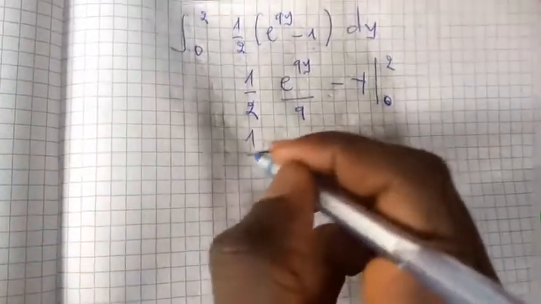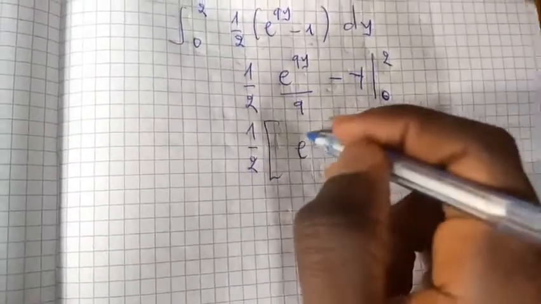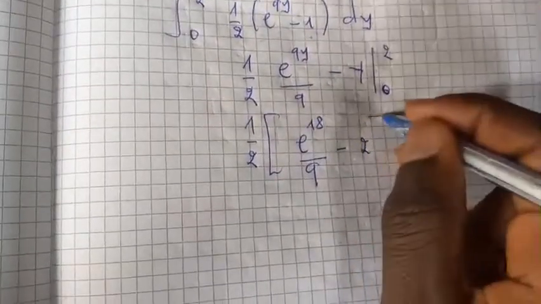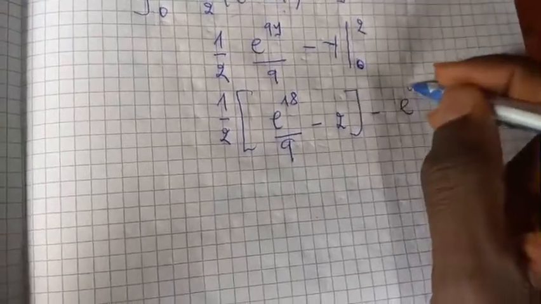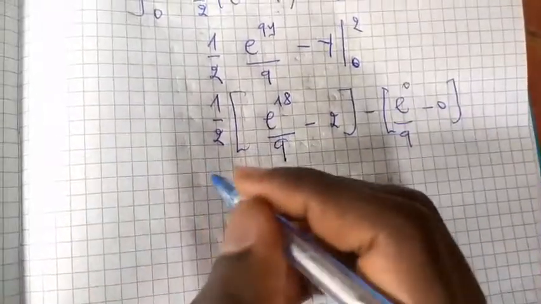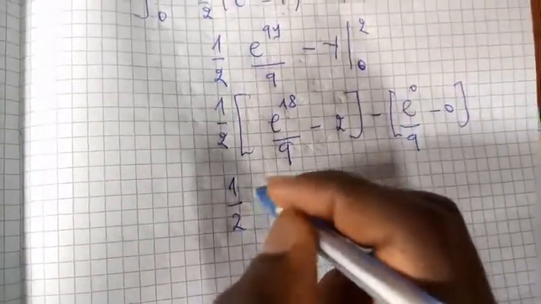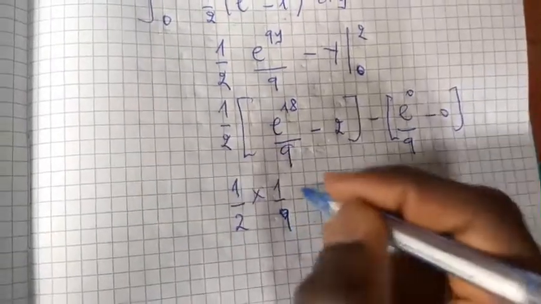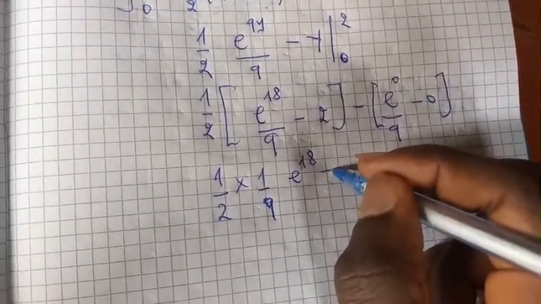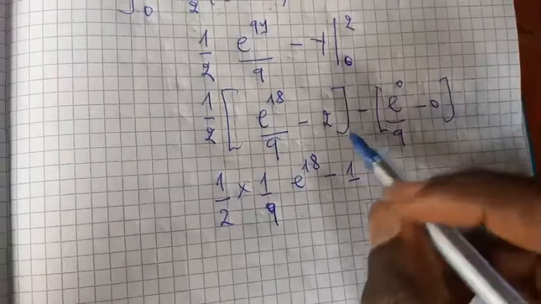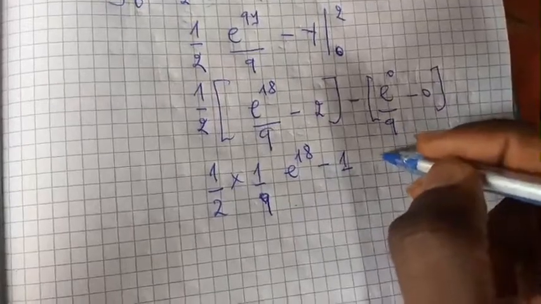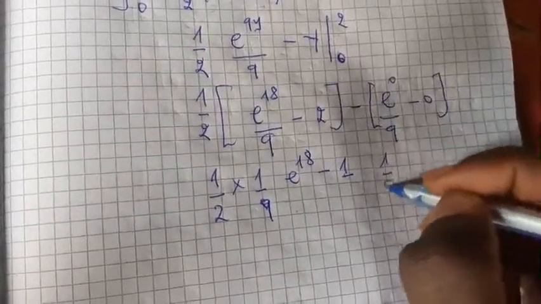Then here will be equal to 1 over 2 (e power 18 over 9 minus 2, then minus e power 0 over 9, then minus 0). Then here will be equal to 1 over 2 times 1 over 9, e power 18 minus 1, then minus 1 over 2 times 2, this is equal to minus 1. As usual, minus e power 0 equal to 1 over 9.